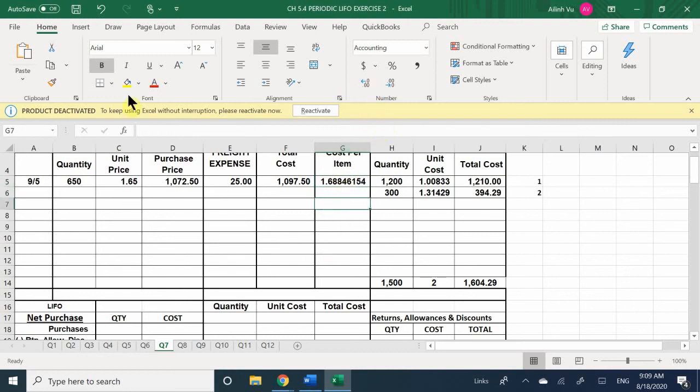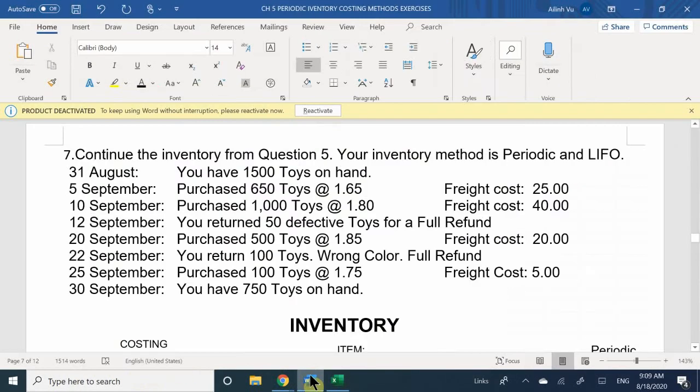All right, and what else happened on the next scenario? 1,000 toys were purchased September 10th for $1.80.